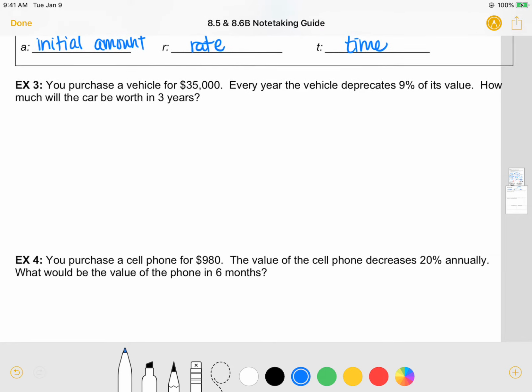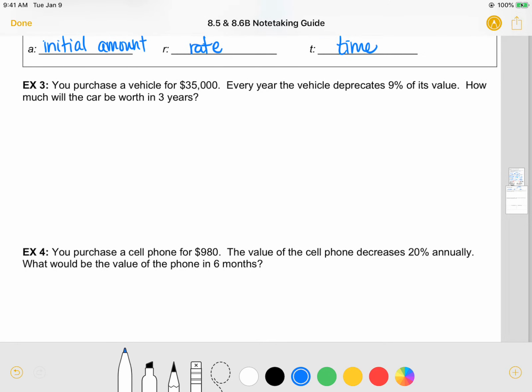It says you purchase a vehicle. Every year the vehicle depreciates. Depreciates means it goes down in value by 9%. How much will the car be worth in 3 years? Okay, so we're going to use our exponential decay model.